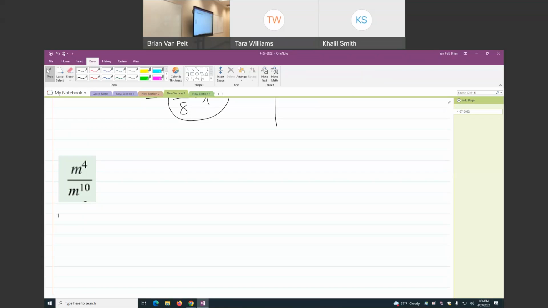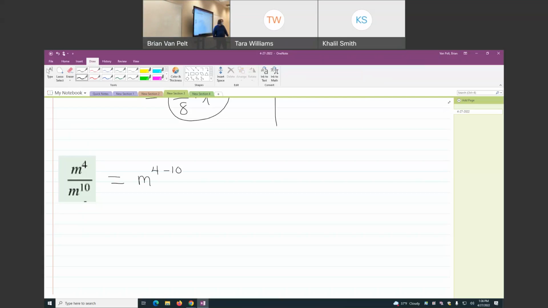Anybody get it? What'd you get? That's right. There's a couple of ways to do it. Let me show you one way. You're right. 1 over n to the 6th is right. The most straightforward way is to do this: m to the 4 minus 10.